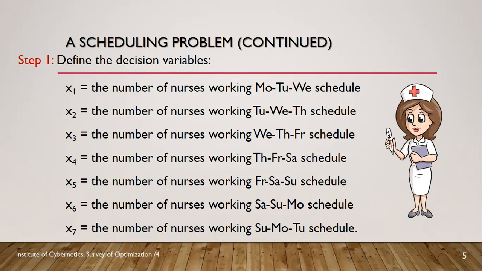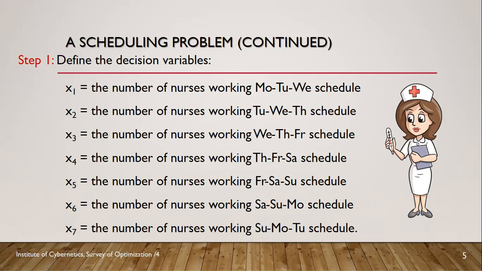So the suggested definition will look like this: X sub 1 will reflect the number of nurses which start their shift on Monday. So therefore they would work Monday, Tuesday, Wednesday. Then X sub 2 will reflect the number of nurses which start working on Tuesday.